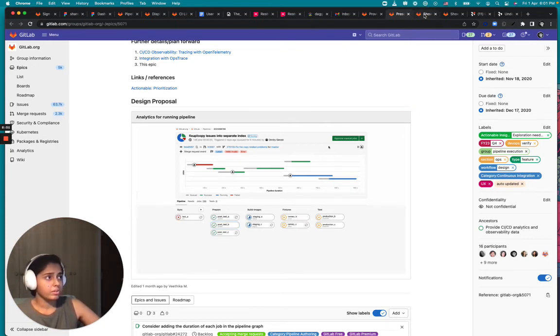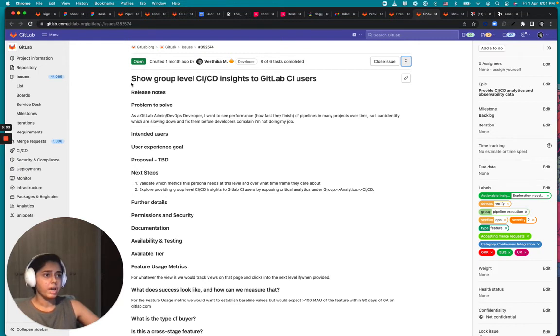And if we show something at the group level only, that means we are blocking the access to the maintainer role, which is what most DevOps engineers and team leads have. So we should be very careful about who we are blocking from accessing the feature.